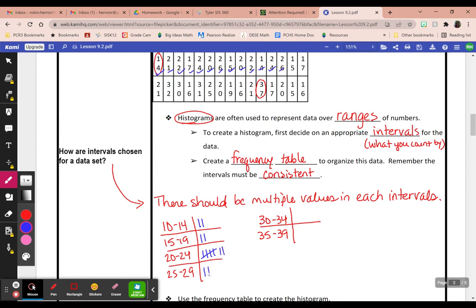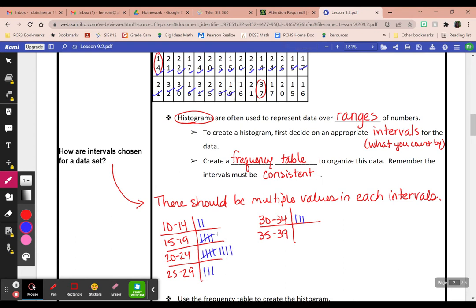26, 15, 17, 21, 32, 30, 16. That's the fifth one there. 31, 25, 20.